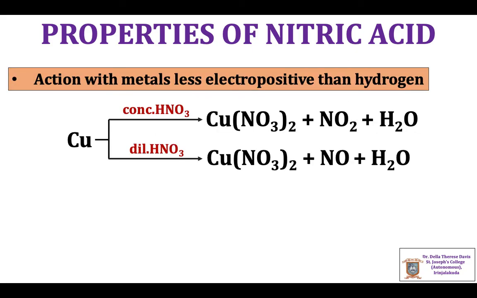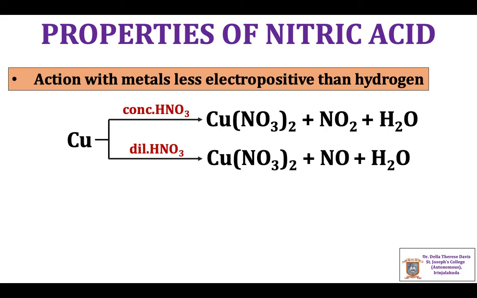Next is the reaction of metals which are less electropositive than hydrogen with concentrated nitric acid and dilute nitric acid. For example, if copper reacts with concentrated nitric acid, copper nitrate is obtained and nitric acid is reduced to NO2.